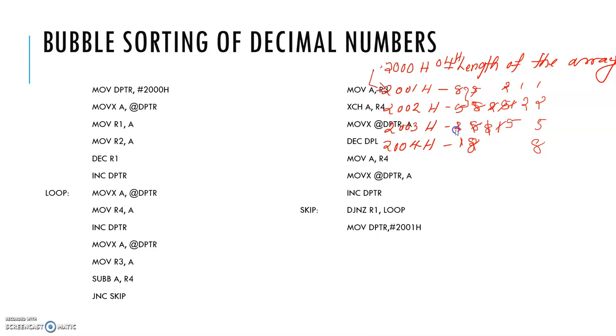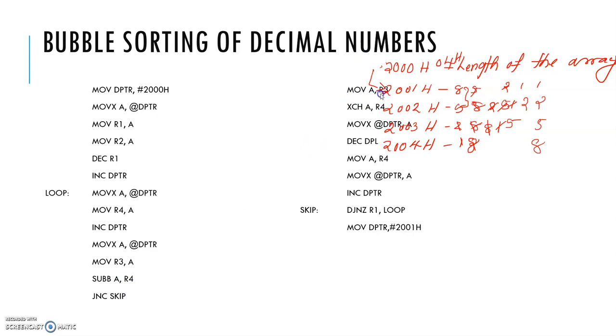In 2003 location, you have the value 2. So this 2 is moved to R3. And subtract, that is 2 minus R4, 2 minus 8, and you will get a carry. So you go to this step.